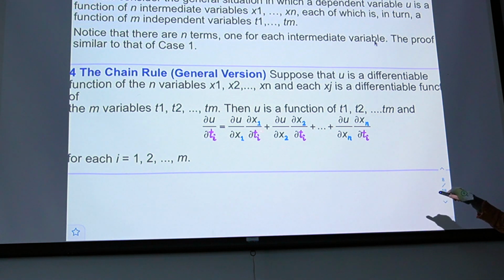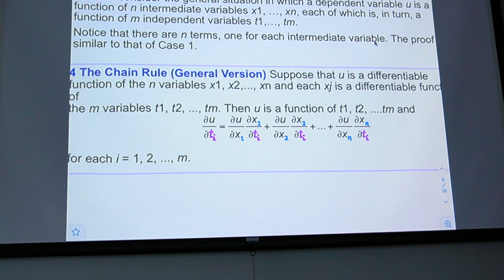So we'll have partial x1 over partial ti, partial x2 over partial ti, etc., all the way to this. But then this one here will be partial u, partial x1, partial u, partial x2, and you see the pattern over here. So look, these two match, and these two match.